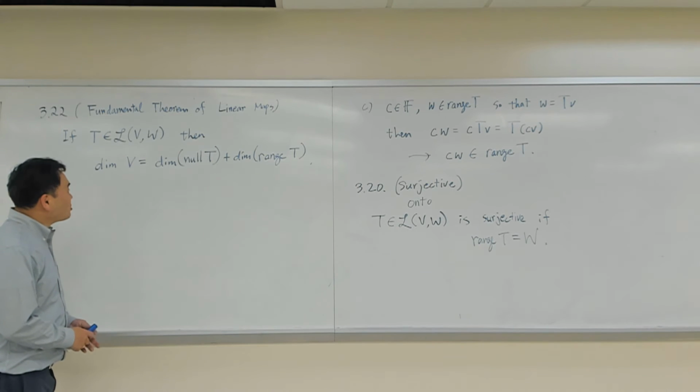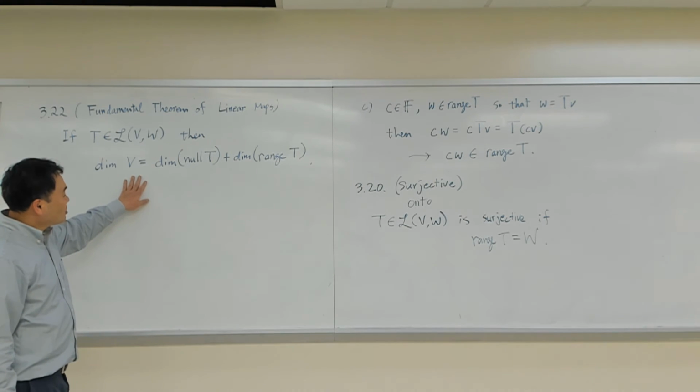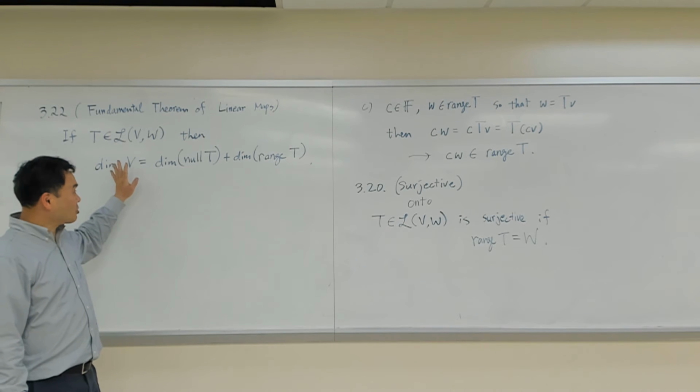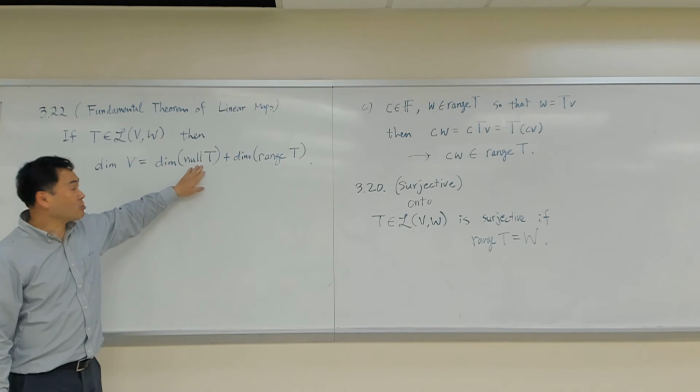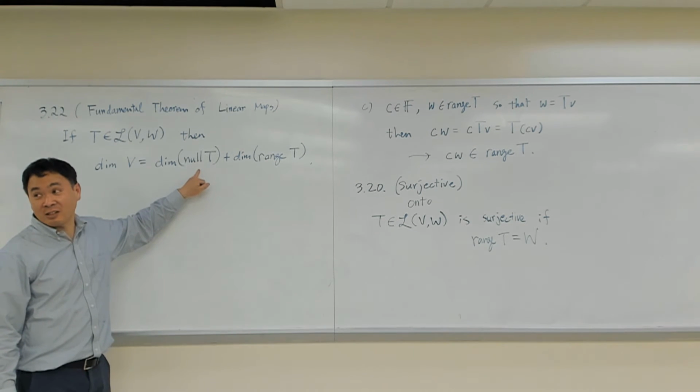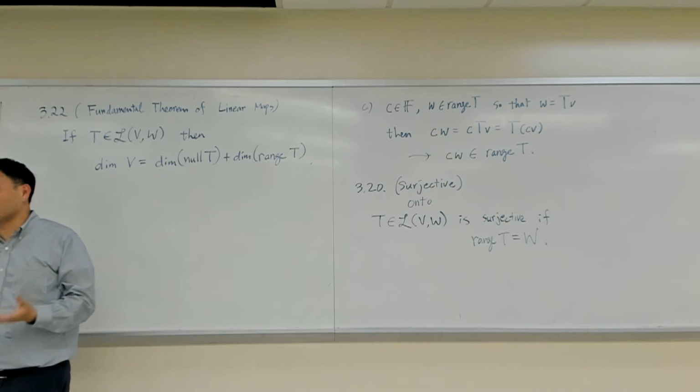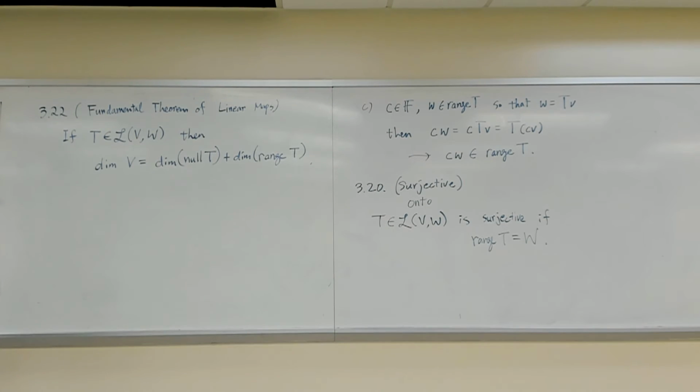But before we prove this theorem, look at what kind of work we've already done for this formula to make sense. We're talking about the dimension of null T. We can't talk about the dimension of null T unless we know that null T itself is a vector space. Only for a vector space can we talk about its dimension, right?